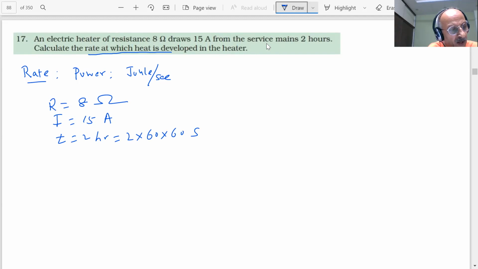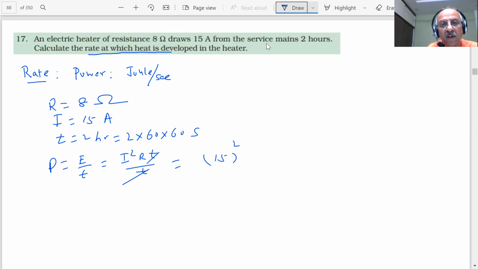So what is the formula, student? Power. What is power, student? Rate of doing electrical energy work, E by T, I square RT by T, student. T cancels. What is I? 15 the square.